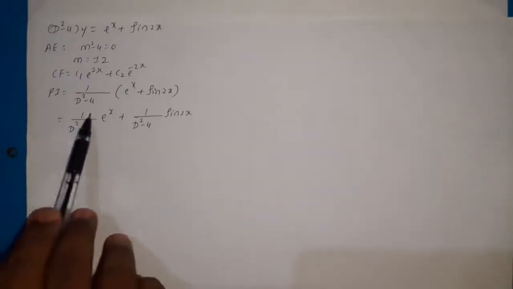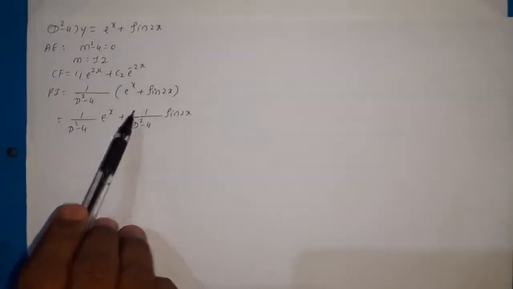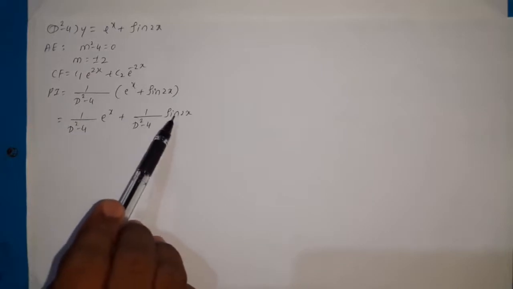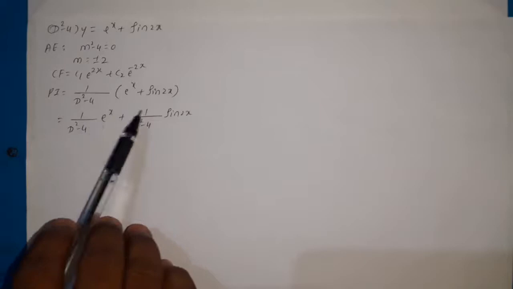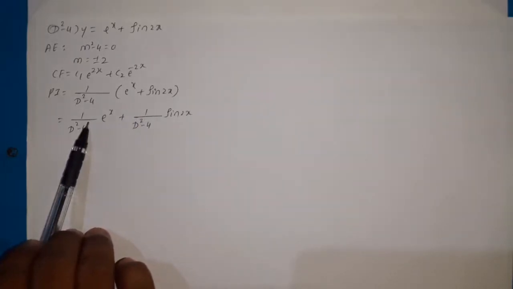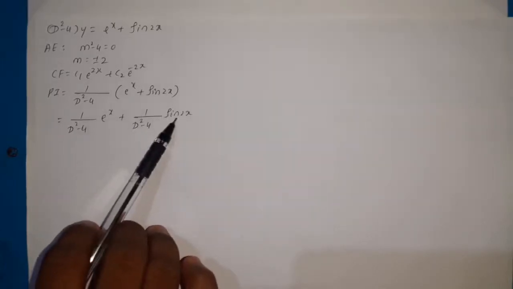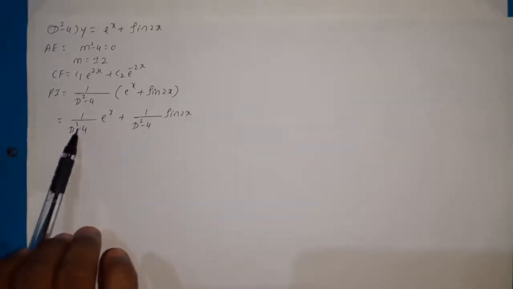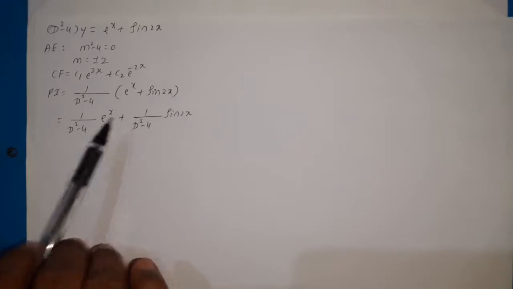Therefore 1 divided by D square minus 4 into e power x plus 1 divided by D square minus 4 into sin 2x. For the first function the value of a is equal to 1, and for the second one a is equal to 2, and here we need to substitute D is equal to 1 and D square equal to minus a square, means minus 4.